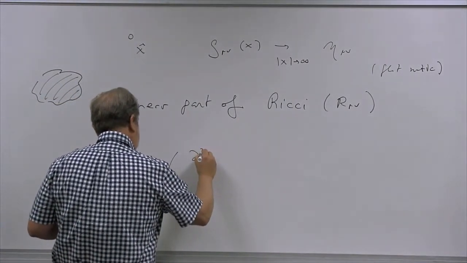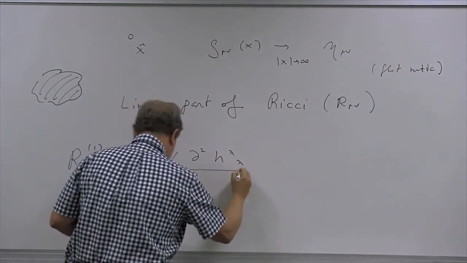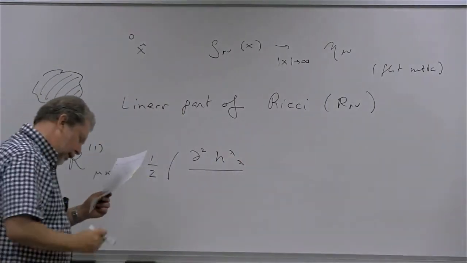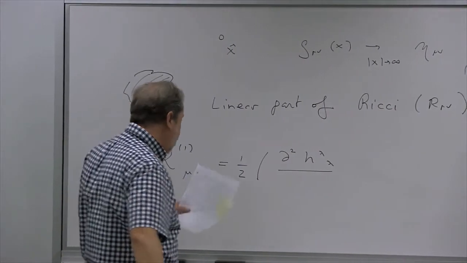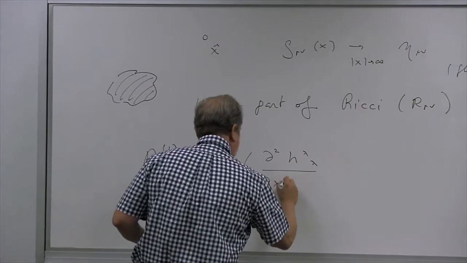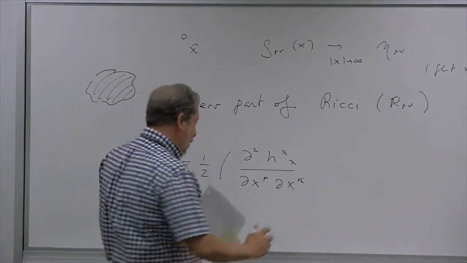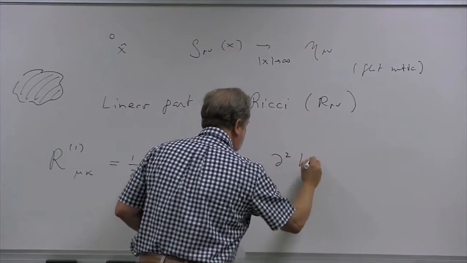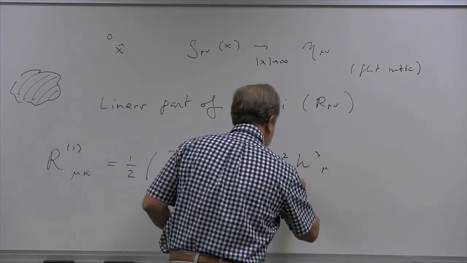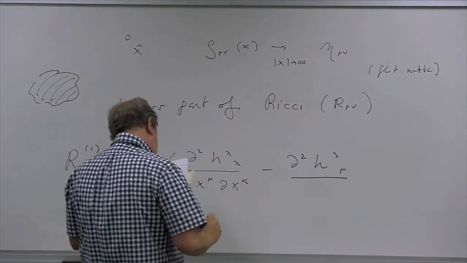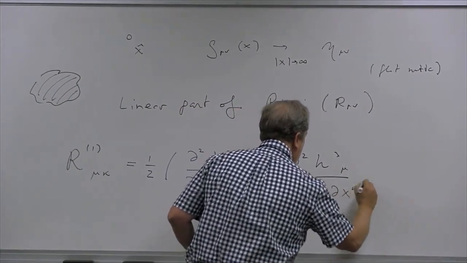For example, the second derivative of h_lambda_lambda with respect to x_mu and x_kappa, and then minus the second derivative of h_lambda_mu with respect to x_lambda and x_kappa.